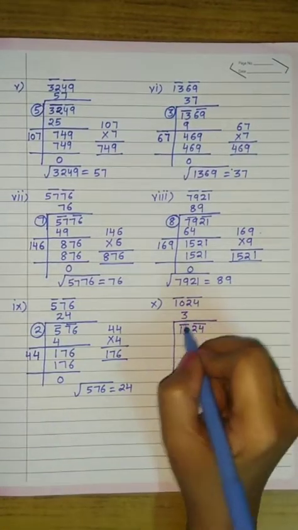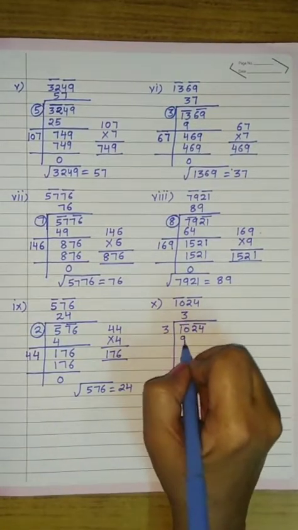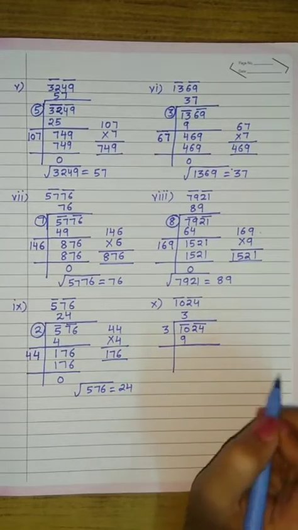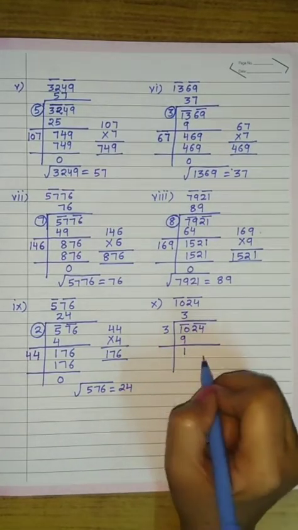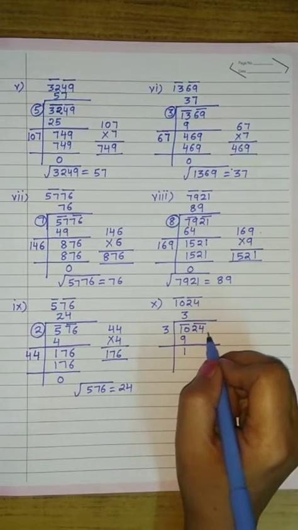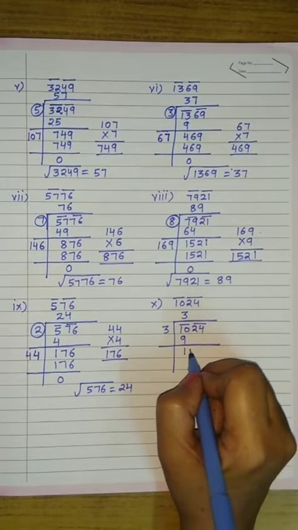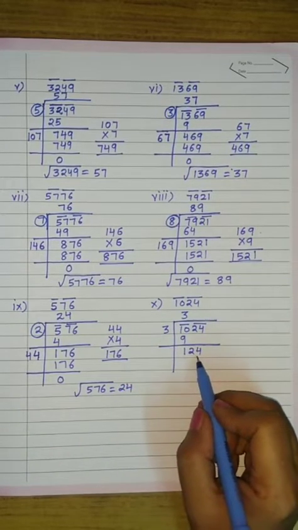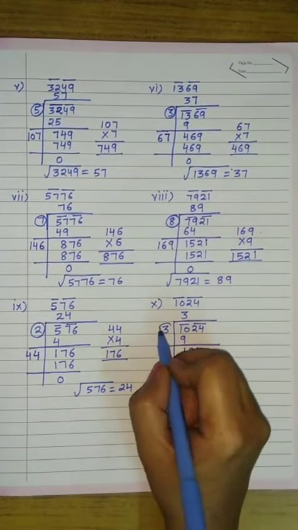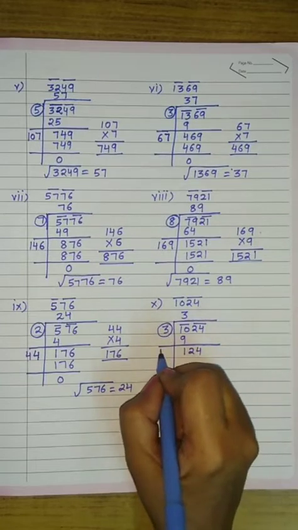So 3 3s are 9, which is less than the number under the first bar. So subtracting 9 from 10 we get 1. Now taking down the second bar, we got our next dividend as 124.